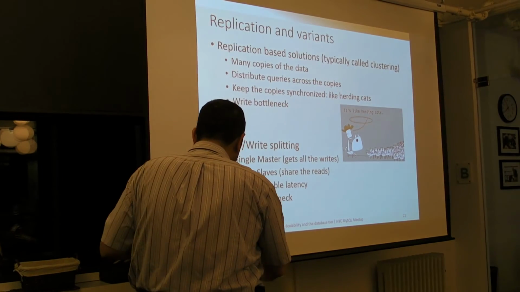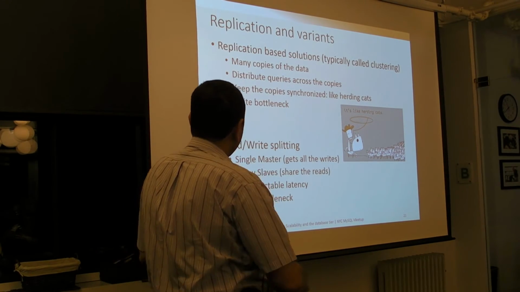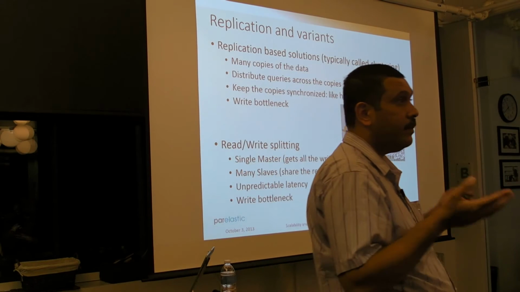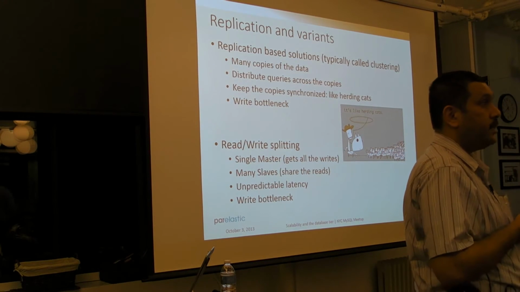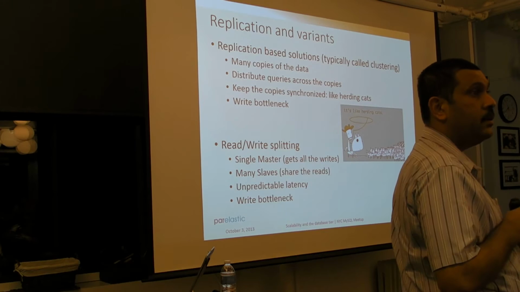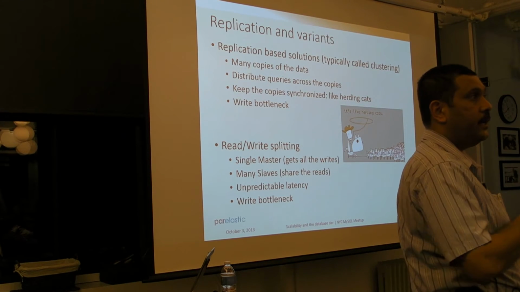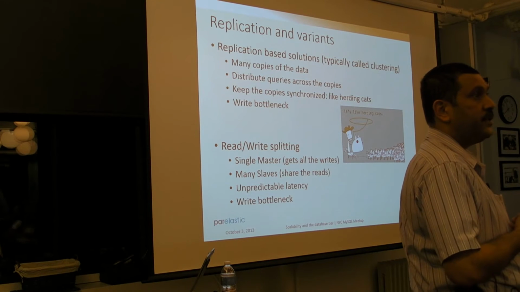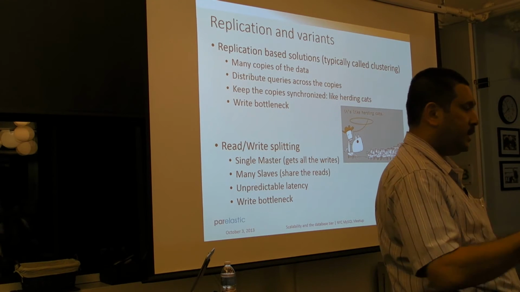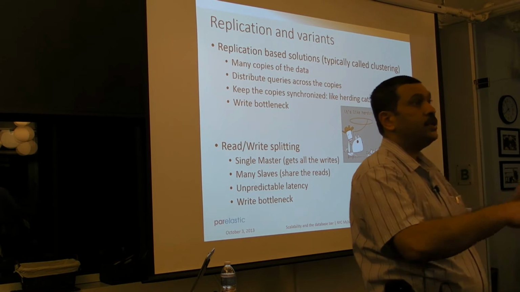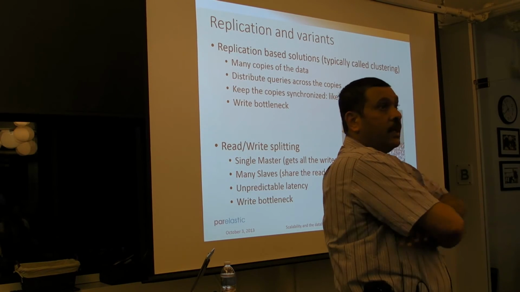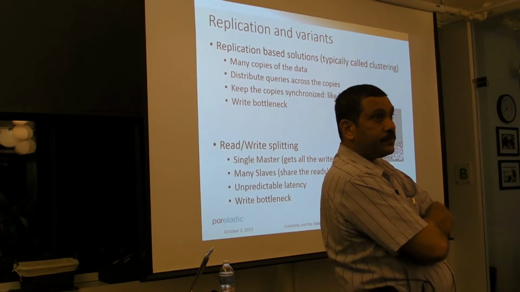So there's a lot of solutions out there which try to solve this problem by saying one database is not able to handle all of the load. What's the solution? Well, many databases all with the same data, and they will distribute the load. So if there's 50,000 people querying the database, and I have 5 copies, 10,000 to each database. Very nice. Math works very good.